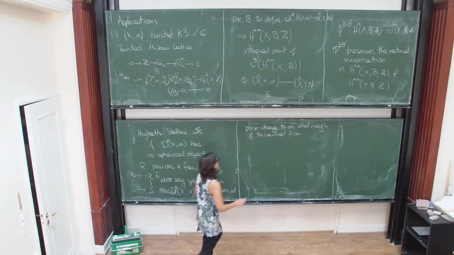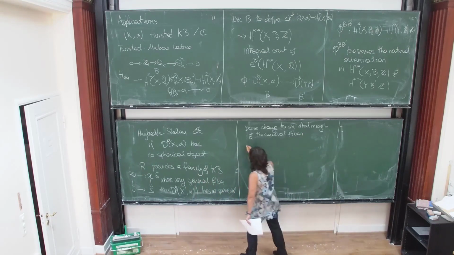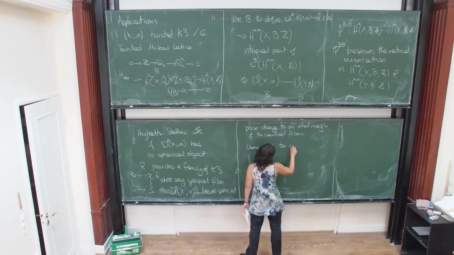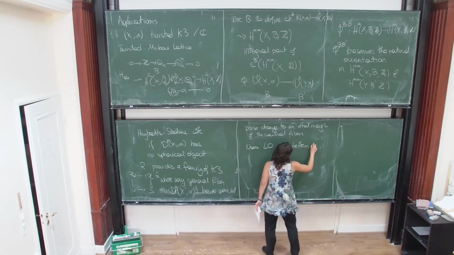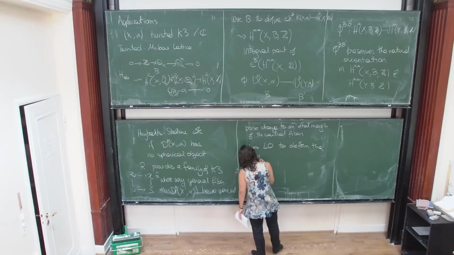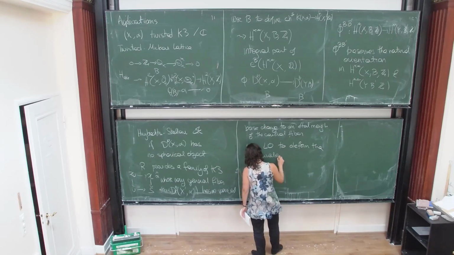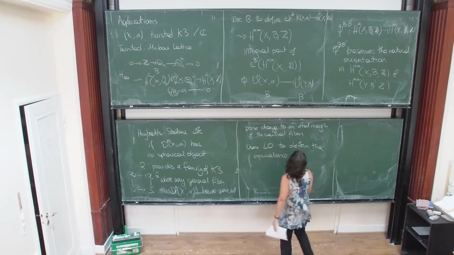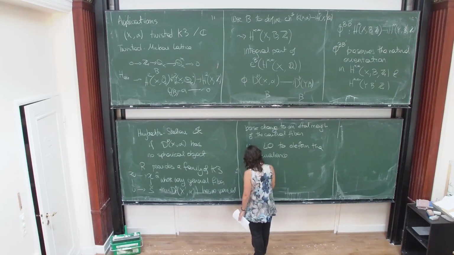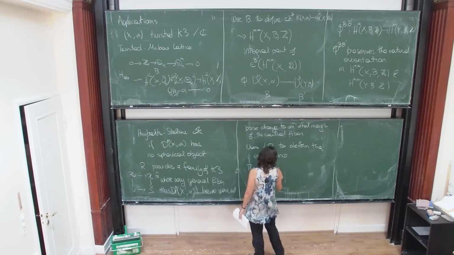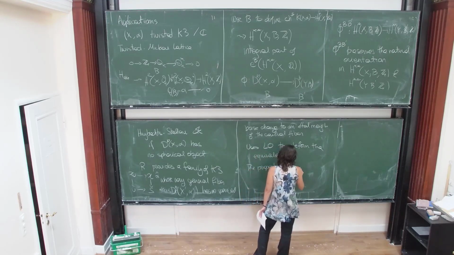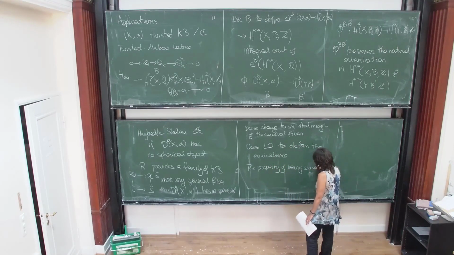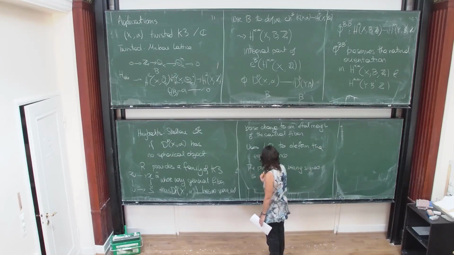And then we use Lieblich-Olsson to deform the equivalence, and we also use the fact that the property of being signed, like preserving the orientation, is locally constant.